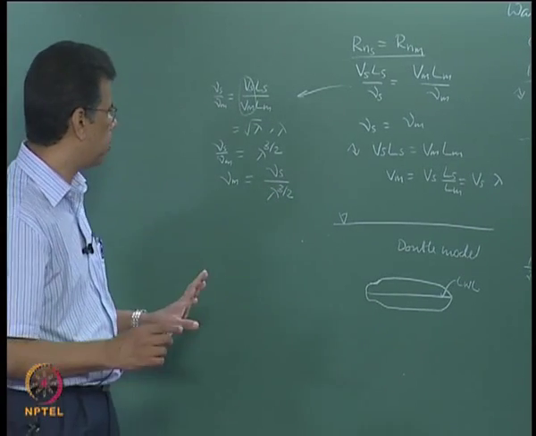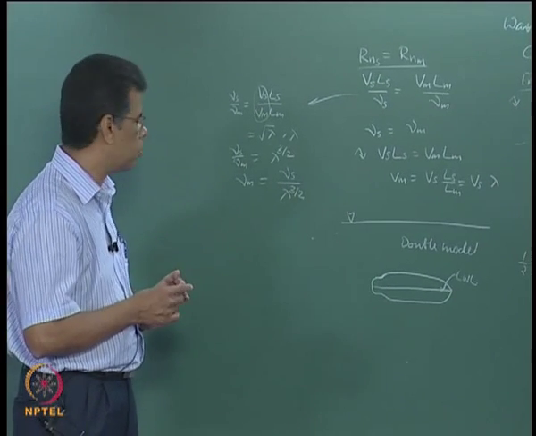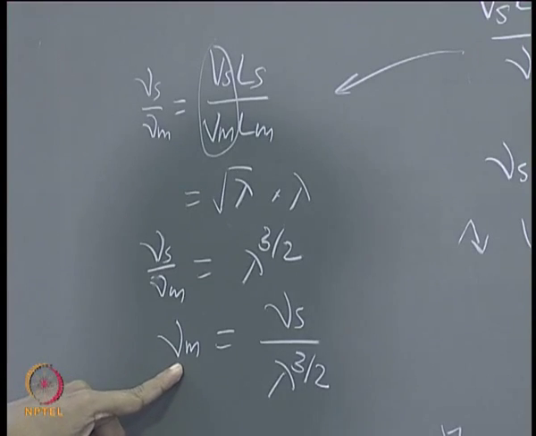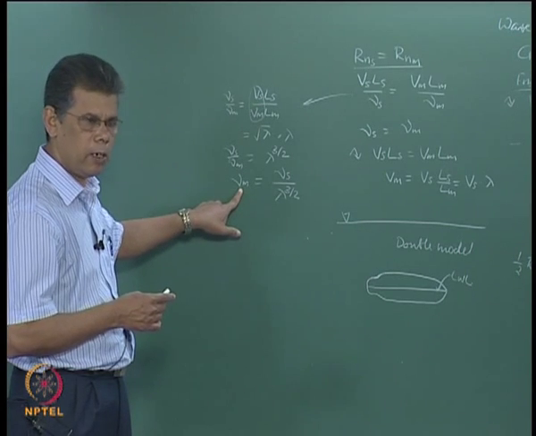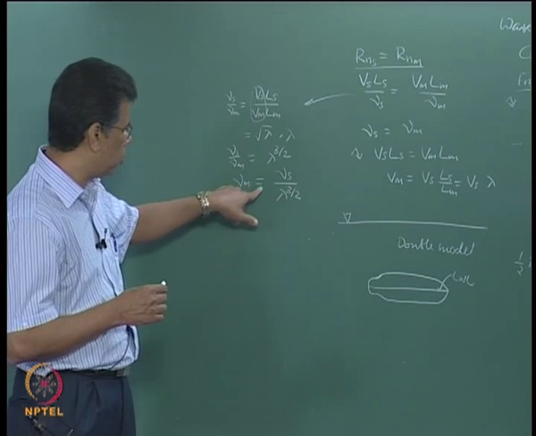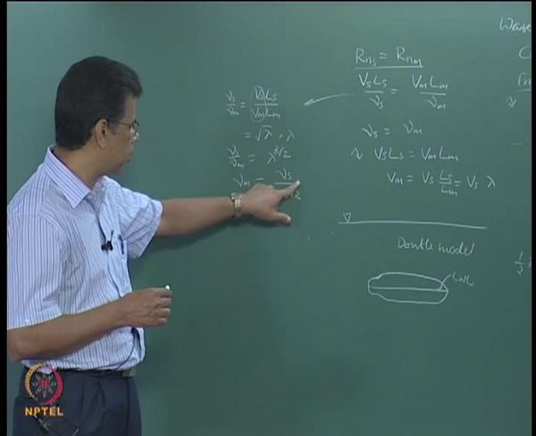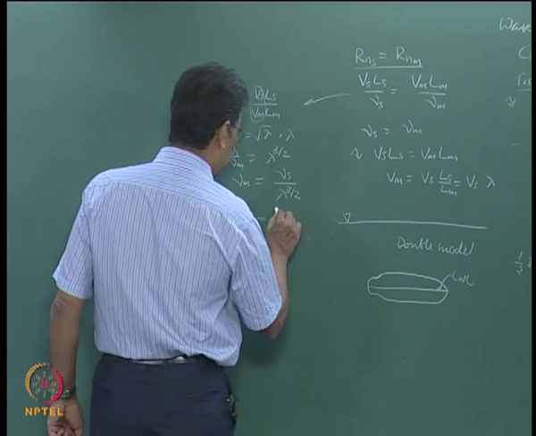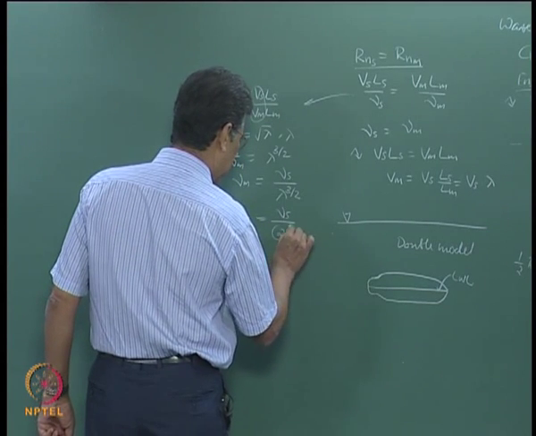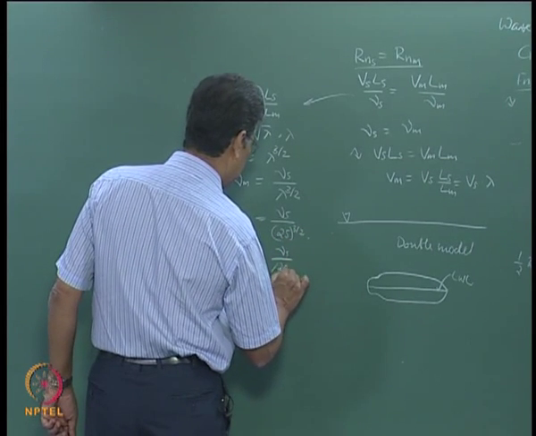So there are two options of meeting the Reynolds number: one is increasing the speed of the model very high, or the other option is you test the model in a fluid whose viscosity, nu m, in the model basin or model towing tank is equal to the viscosity of the fluid in the actual case, that is the seawater viscosity, divided by lambda raised to 3 by 2. That means for the example we considered here, nu s divided by 25 raised to 3 by 2, which is equal to nu s by 125.